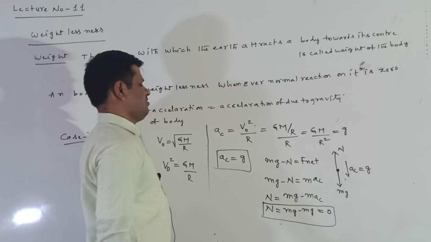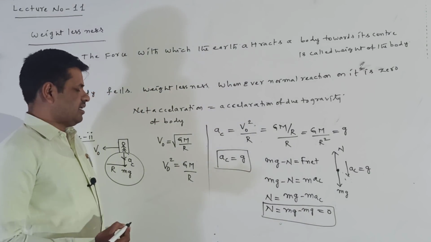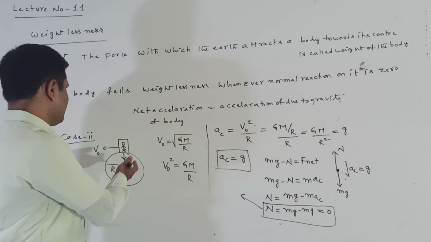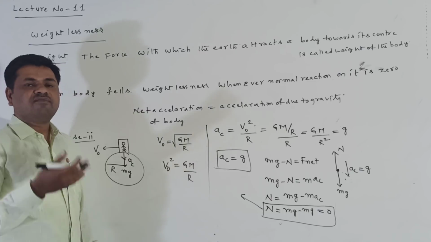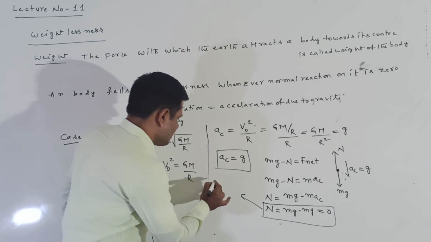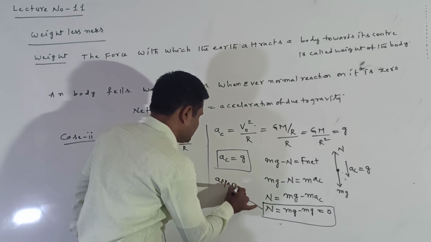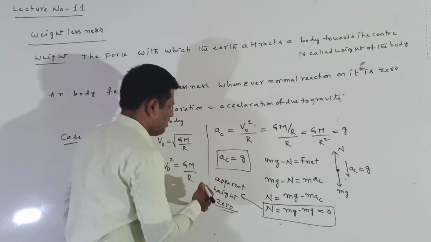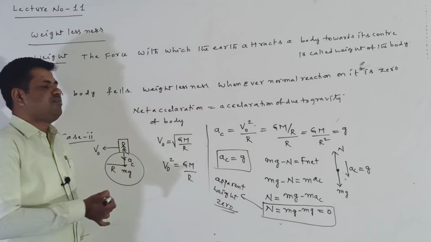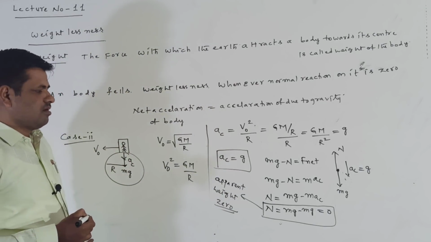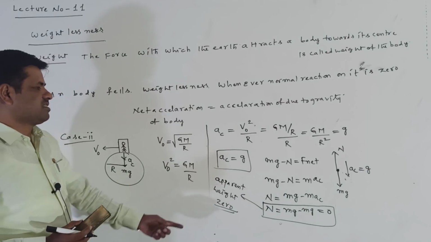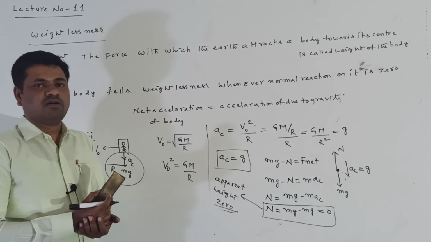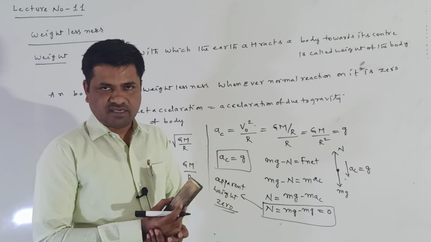Means the normal reaction acting on the person is 0. When the normal reaction acting on the person is 0, the person inside the satellite feels weightlessness. Apparent weight is 0.